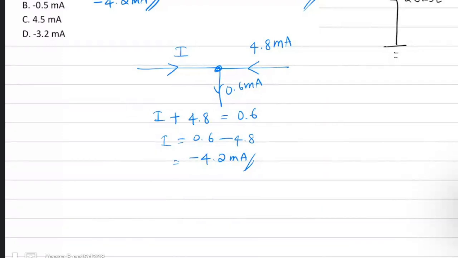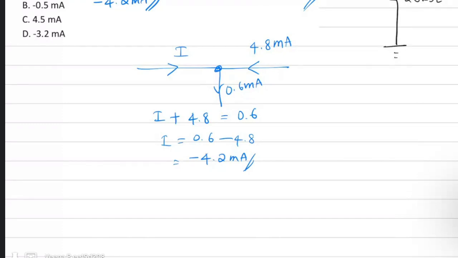Matrix form, that is R11, R12, R13, and R31, R32, R23, in matrix form, with I1, I2, I3 equal to V1, V2, V3, and given V1, V2, V3 and R1, R2, find out I1, I2, I3.